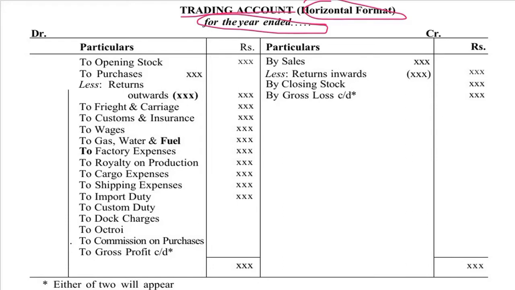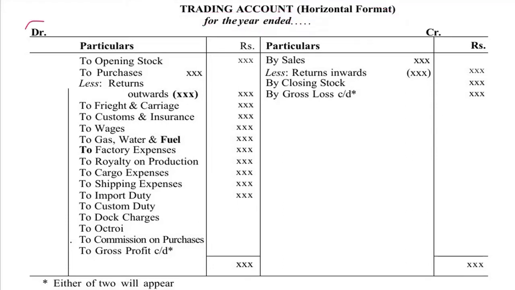Then DR means the debit side account and CR means the credit side account, guys. These two are the most important and we must compulsorily represent them. Let us see what the particulars are at the debit side and at the credit side.